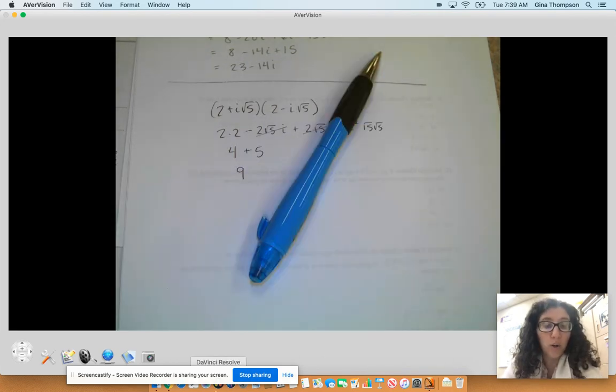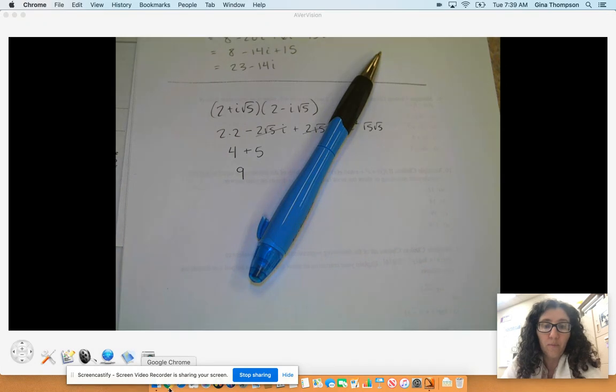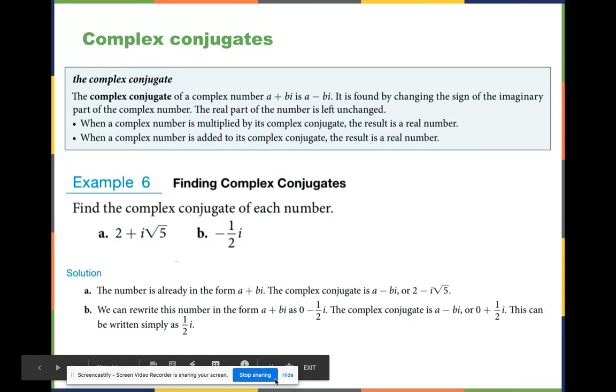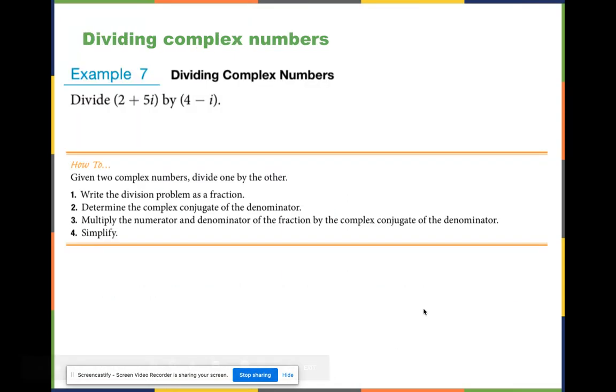All right, so how could this be useful? Well, let's talk about dividing complex numbers. What if we want to divide 2 plus 5i by 4 minus i?